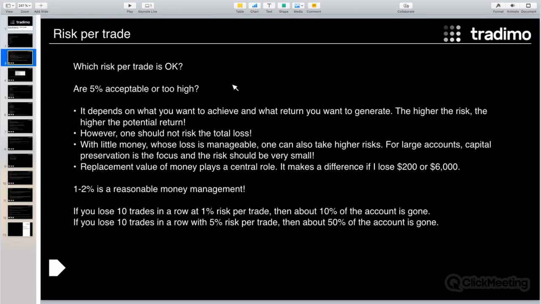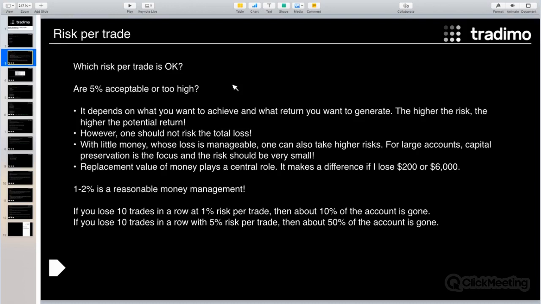With little money whose loss is manageable, you can also take higher risk. For large accounts, capital preservation is the focus and the risk should be very small. What I mean by that is the replacement value of the money is very important. For example, assume you have $5,000 and you just open a trading account with $100.